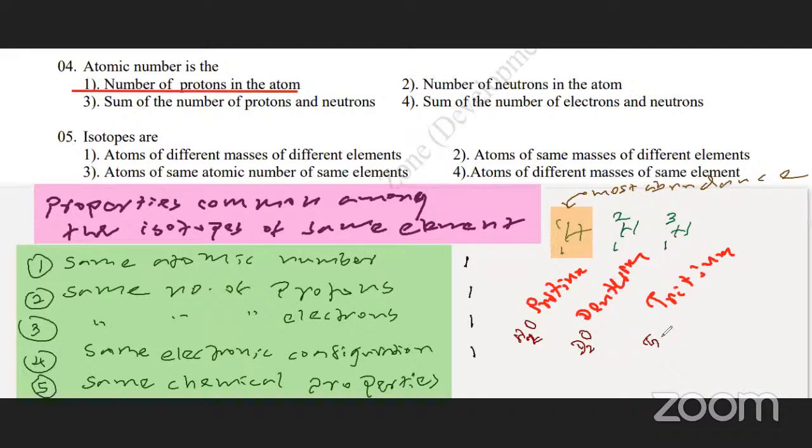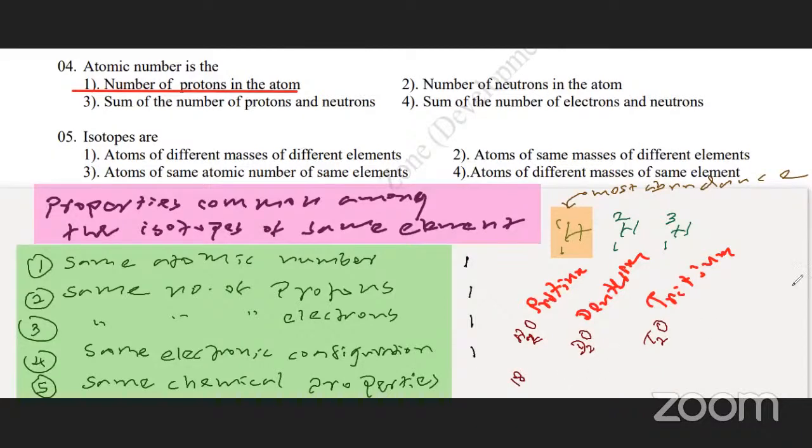Now you just memorize the definition of isotopes, but that is not enough. You should know the importance of knowing the isotopes. The relative molecular mass of water is 18, 18 grams per mole.